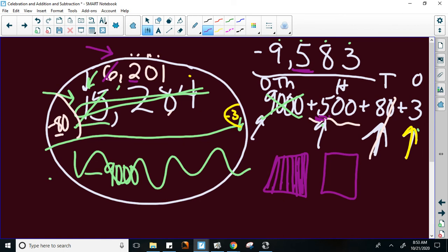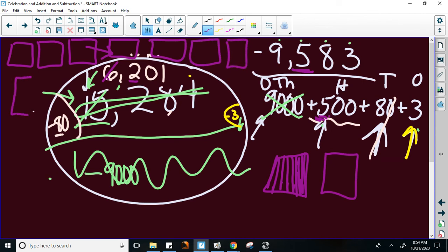And one group of 1,000 makes 10 100 boards because I know 10 100 boards equals 1,000. So there's 3, 4, 5, 6, 7. I'm running out of room. 8. Wait, I lost track. 1, 2, 3, 4, 5, 6, 7, 8, 9. Sorry, my drawings are not perfect, but you get the gist. 10.